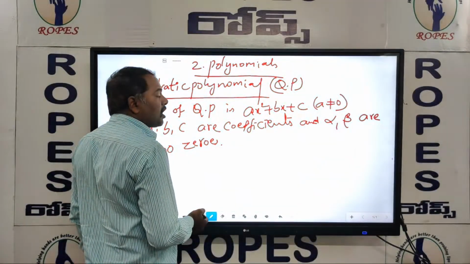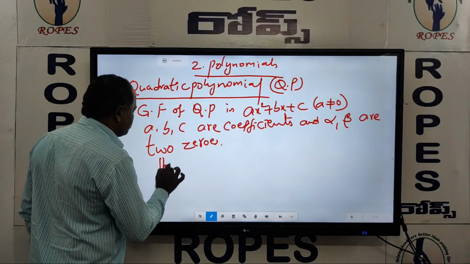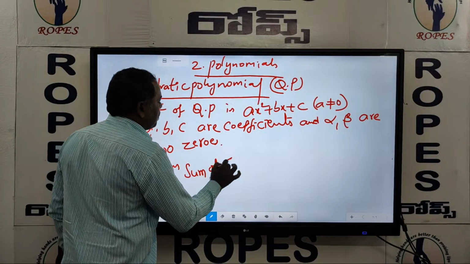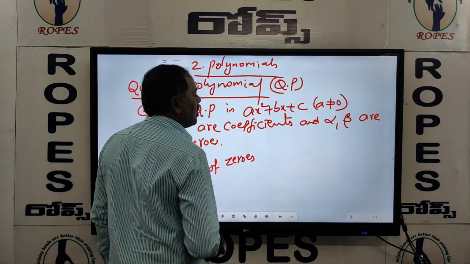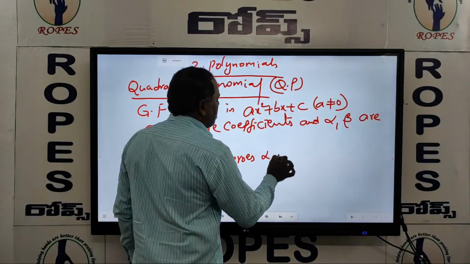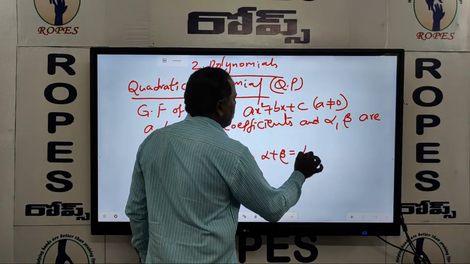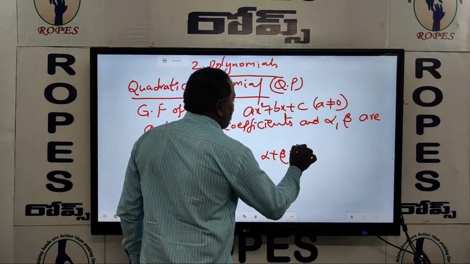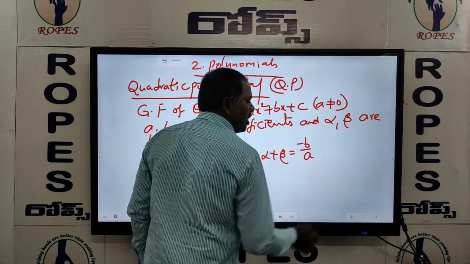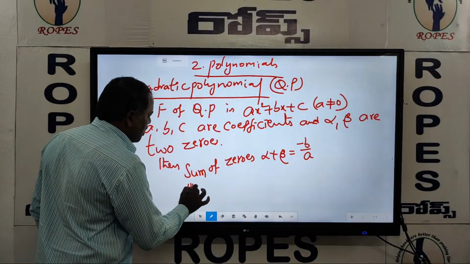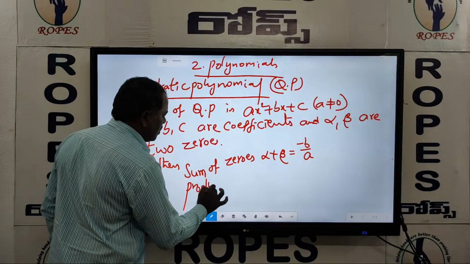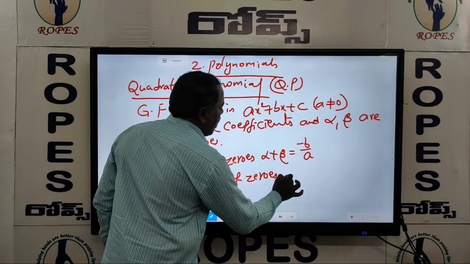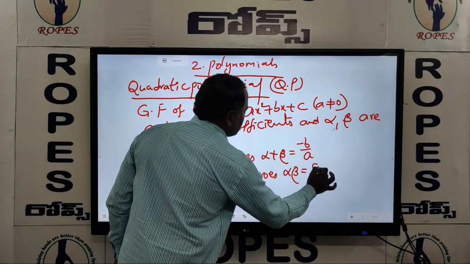Then the sum of zeros alpha plus beta is equal to minus b by a. This is the relation. And the product of zeros alpha into beta is equal to c by a.